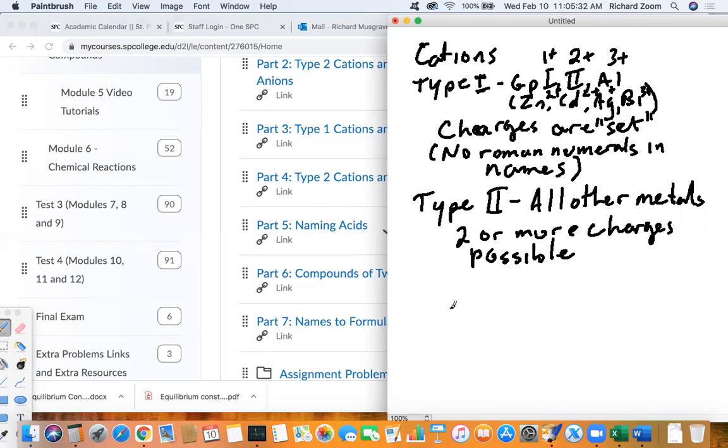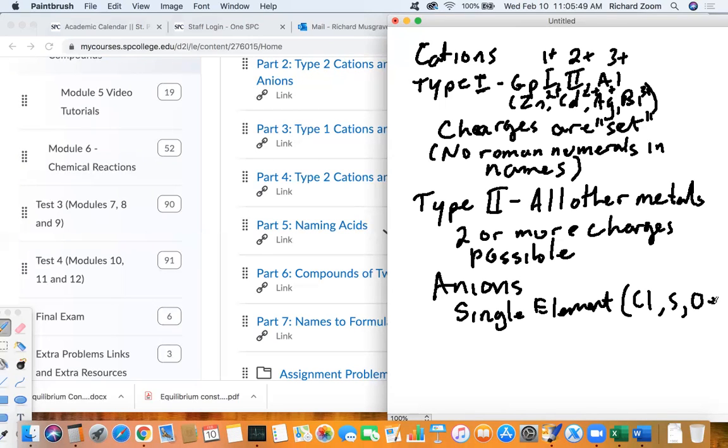And then we've got the anions, and we've got single element, which are things like Cl, S, and O, etc. And then you've got the polyatomics, which, as the name suggests, includes more than one ion, like SO4.